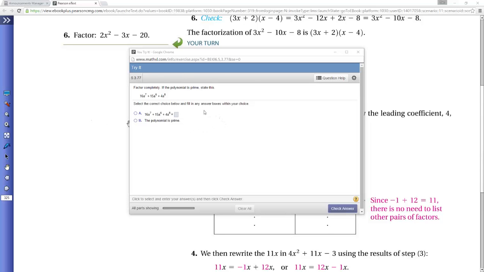Okay, here we go. Here's an example like this.